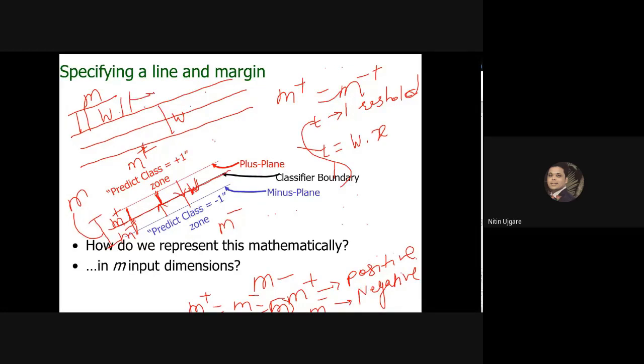Okay, so what is this? This is a margin. This is a mathematical representation of the margin of the support vector machine. Okay, and this margin is the smallest distance of support vectors from the decision boundary in the direction of w.